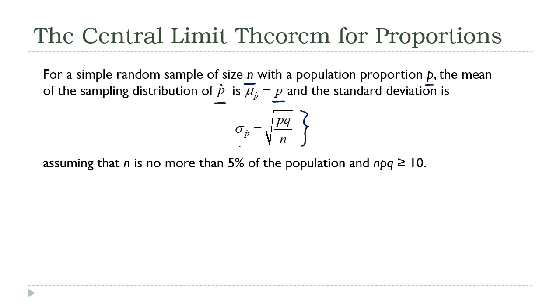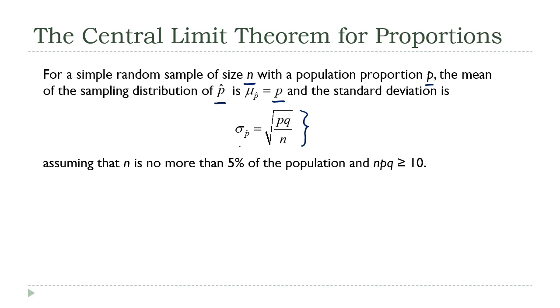So to answer questions involving proportions and groups, we're going to do the exact same thing that we did before. We're going to leave the mean the same, and we're going to apply this adjustment to the standard deviation. Now, there are a couple of caveats here to make this work. This is a little unusual, but the sample size has to be relatively small.